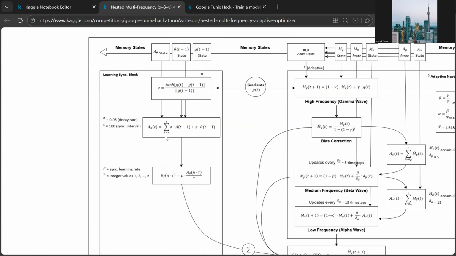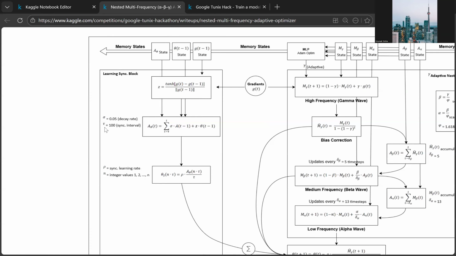Now after the tau interval, which I have kept as 100 steps in this experiment, this gets updated. You can see that A of tau is created for every step, and it gets updated and stored in the A of theta state.